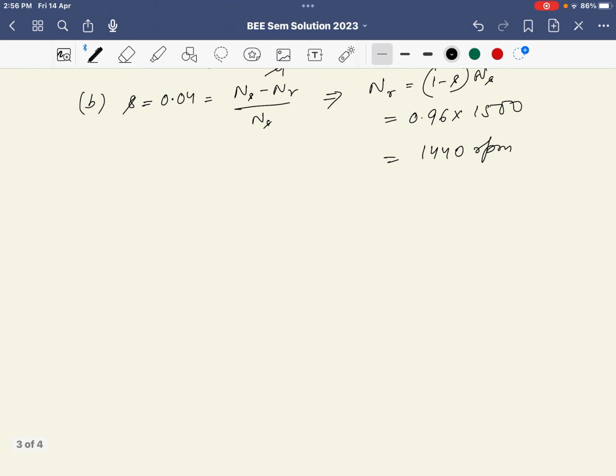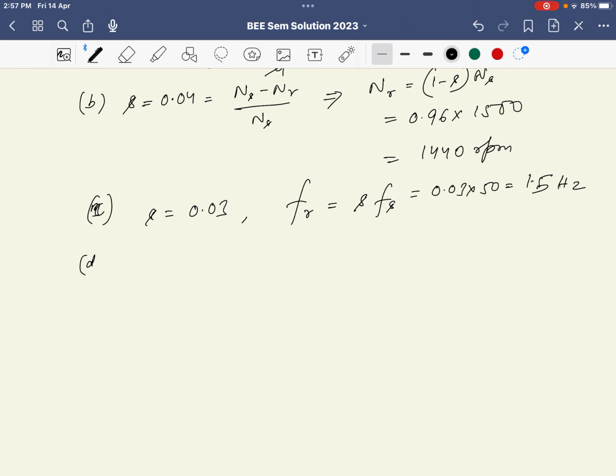That is not asked right now. What else is asked is the frequency of the rotor current if the slip is 0.03. Remember, the frequency of the rotor is always s times the supply frequency. So 0.03 into 50 gives 1.5 hertz, which is the frequency of the rotor. Another question is the frequency of the rotor at standstill.